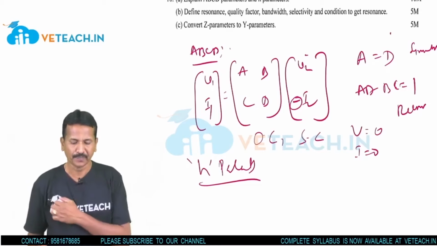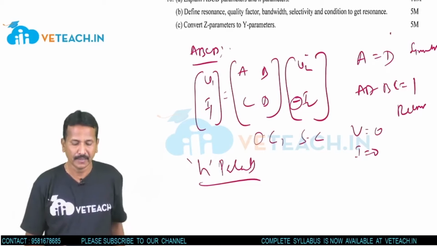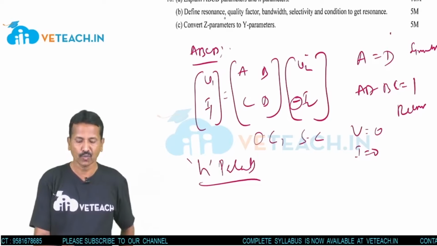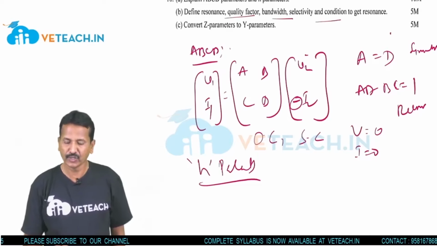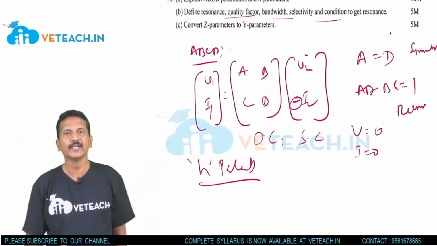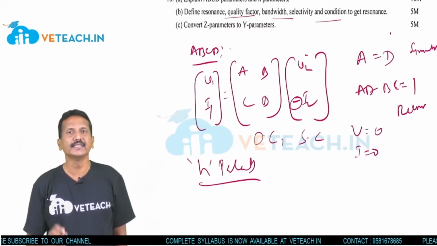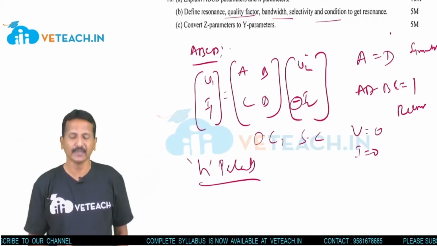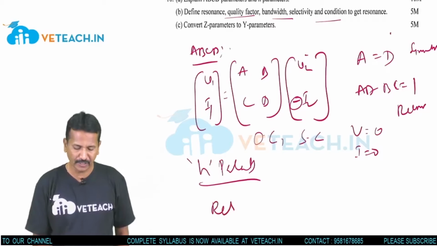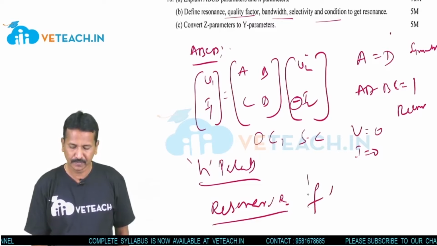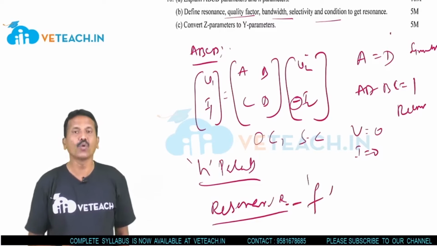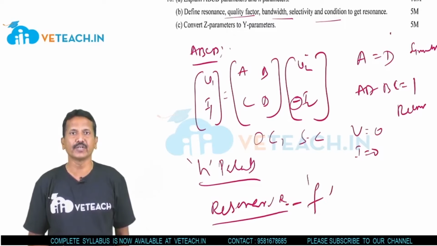Okay, now next one, B: define resonance, quality factor, bandwidth, and the condition to get resonance. Resonance is nothing but a condition, one type of frequency. Quality factor, quality is very important here.